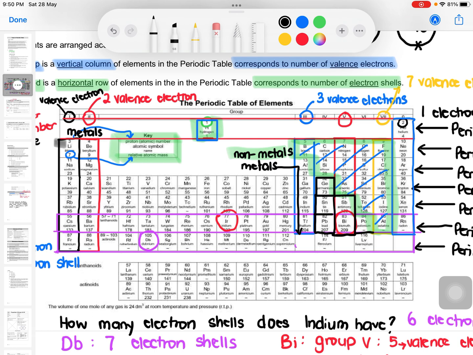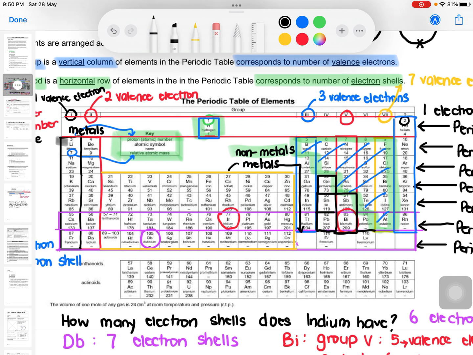And what about all these elements in the center of the periodic table? This section here, these are metals too. So these are also metals. One characteristic of metals is that they always lose electrons. From left to right, metals lose electrons, non-metals gain electrons.